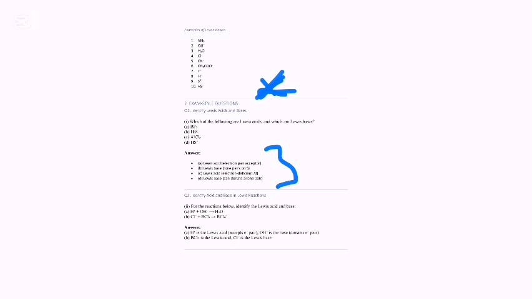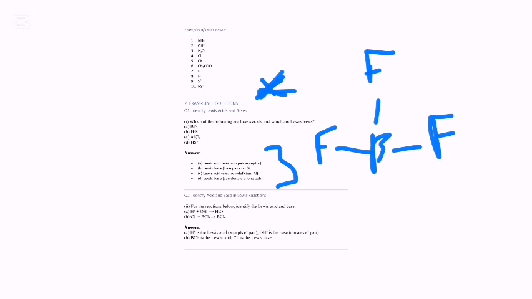So a Lewis acid does what? It accepts a pair of electrons. When you look at BF3, boron trifluoride, you combine boron with fluorine like this.